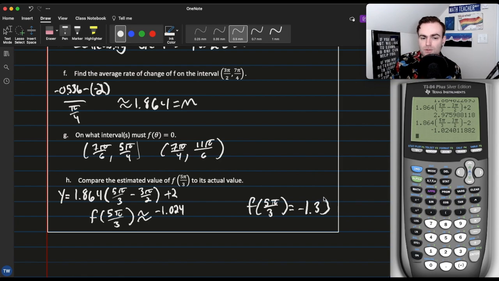It's actually equal to negative 1.33. The actual value is lower, right? So this is an overestimate. And if you need to explain why it's an overestimate, it's because the predicted value is greater than the actual value.